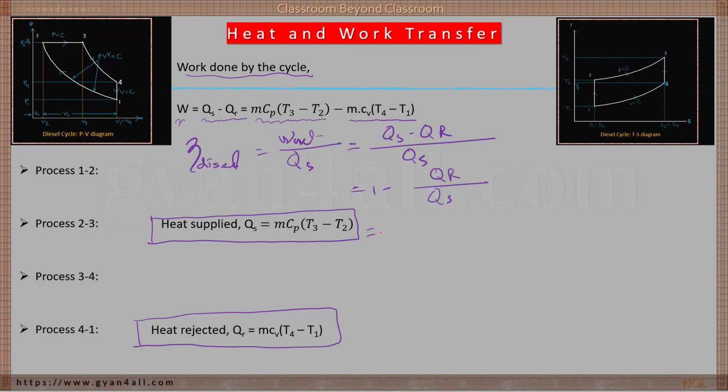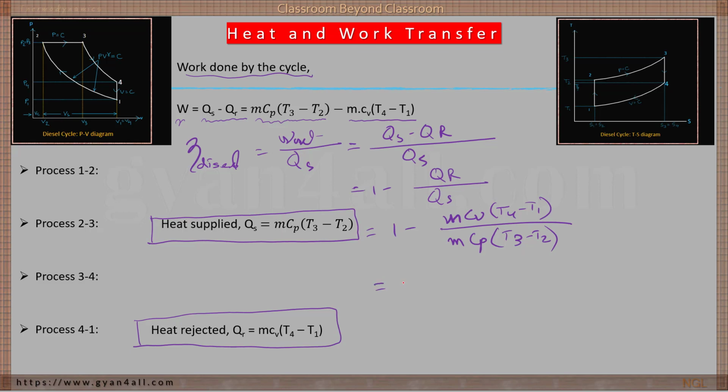QR is m CV (T4 minus T1) and Qs is m Cp (T3 minus T2).